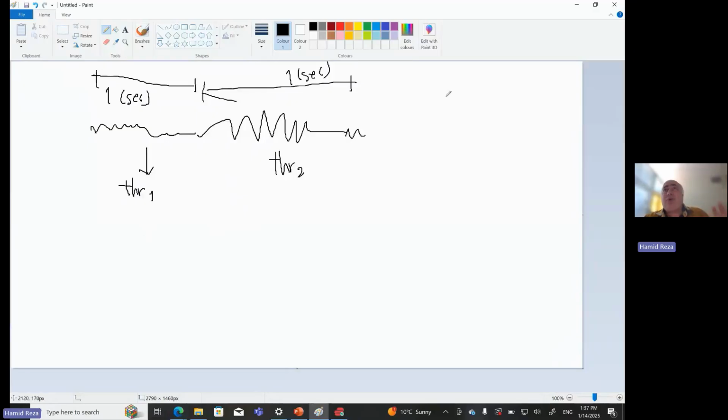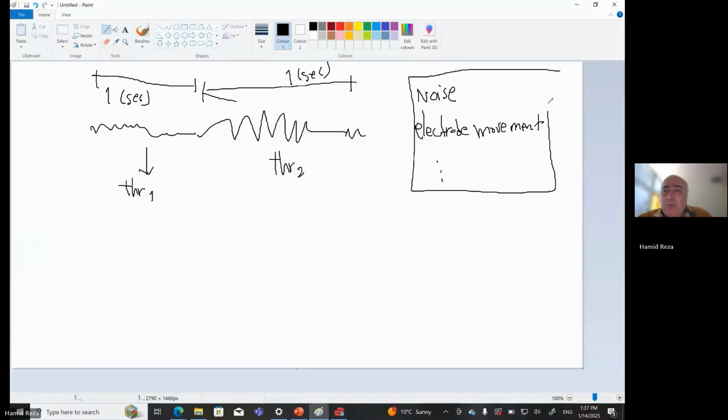Both of these thresholds will be updated over time to compensate for the background noise that is changing and the electrode movement, etc. If we also include some kind of firing time information, which we call firing time inconsistency, we will be able to incorporate the firing time information as well as an active way of clustering.